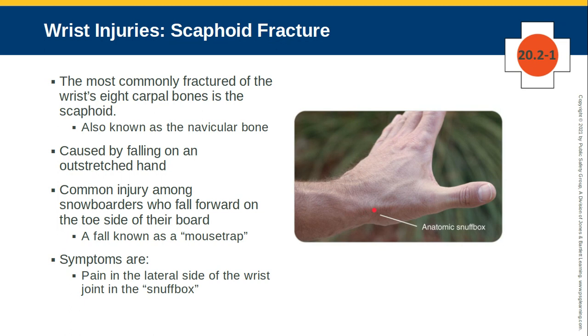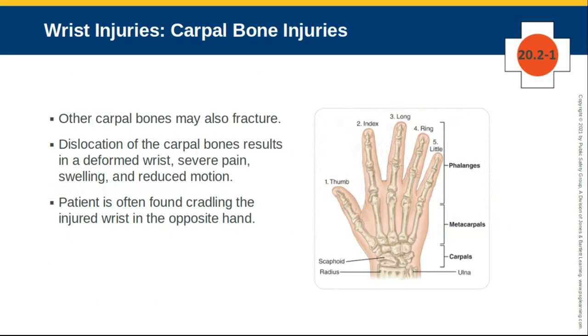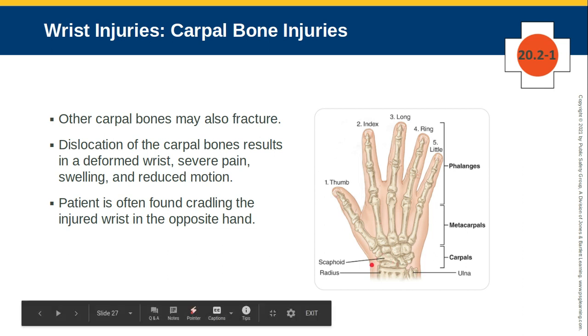We call it the anatomic snuff box. And that's the location of the scaphoid, and that's the location of that carpal bone that can fracture. We see it in this anatomical diagram right here. It's this triangular bone right at the base of the hand, very prominent in the wrist.